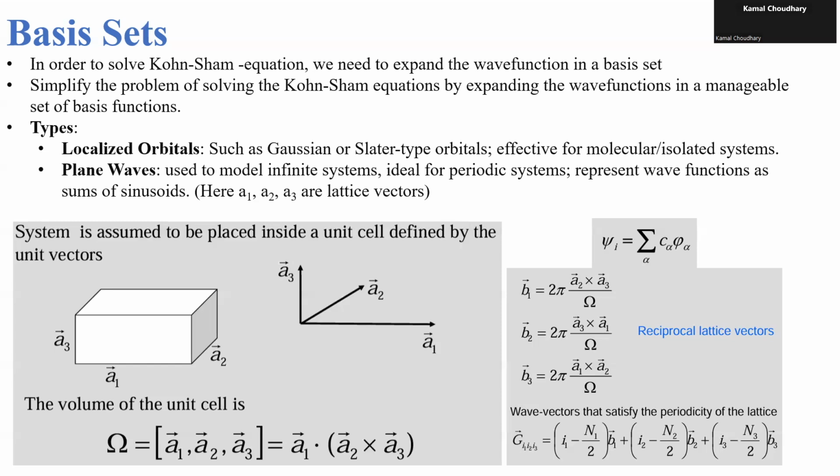B1, B2, B3 are connected to the A2 and A3, A3 and A1, A1 and A2 lattice vectors, the factor of 2 pi, and the volume omega. We can get a wave vector to satisfy the periodic lattice, which is given by G, with integers I1, I2, I3, again in the x, y, z directions. This is how we establish a relationship with a basis set for periodic materials such as aluminum.